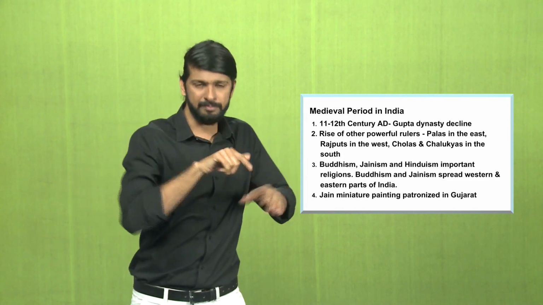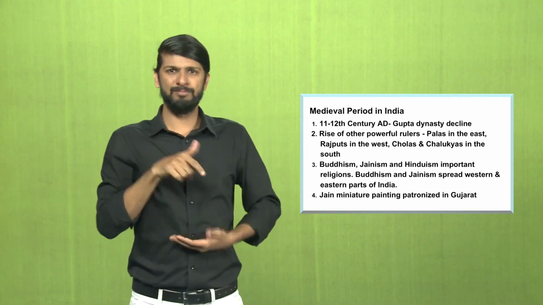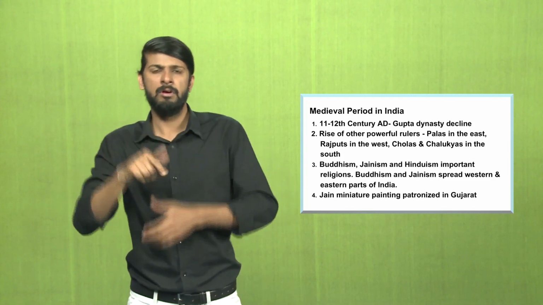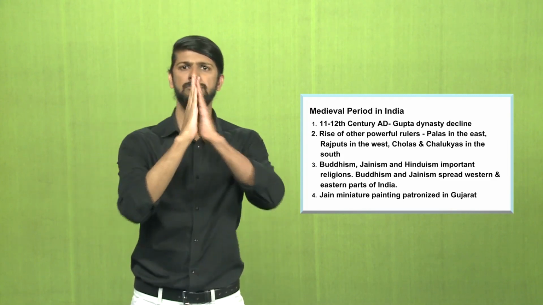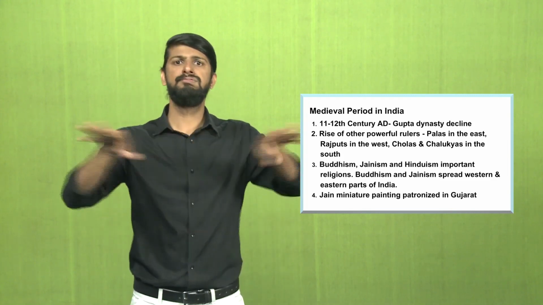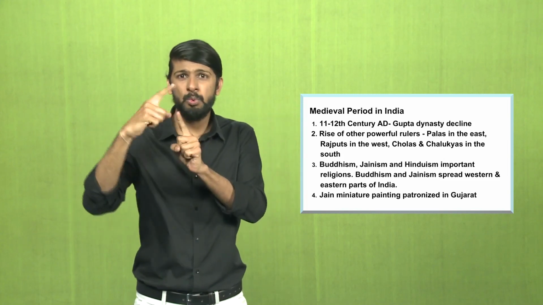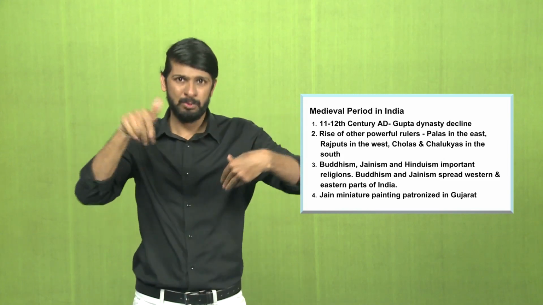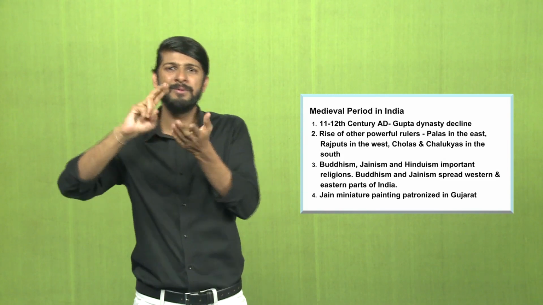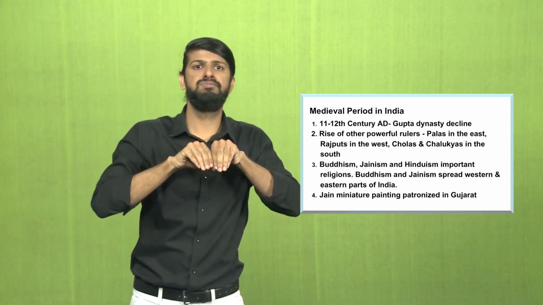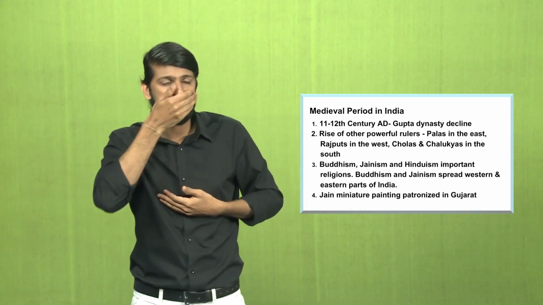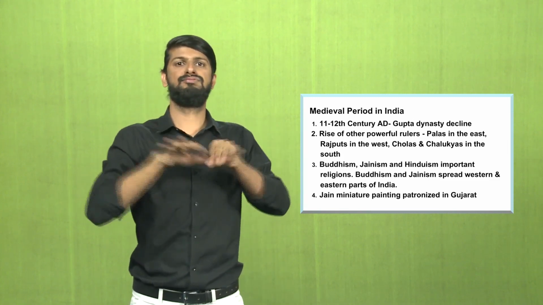During this time, Buddhism, Jainism and Hinduism became the primary and important religions. Buddhism and Jainism spread in the western and the eastern parts of India.